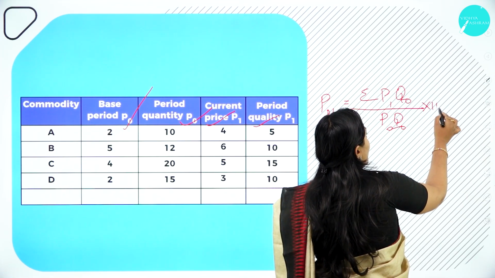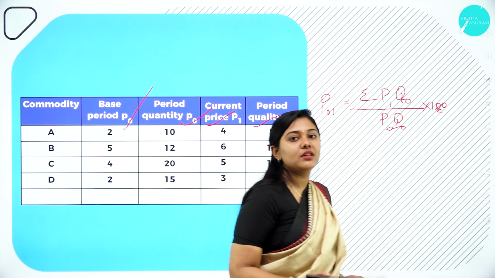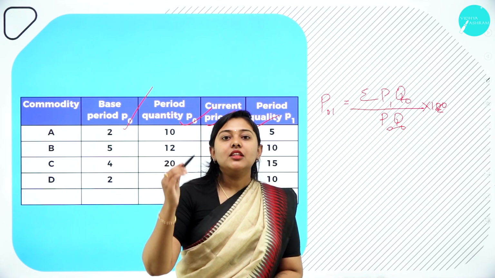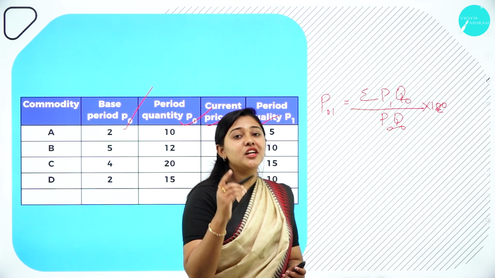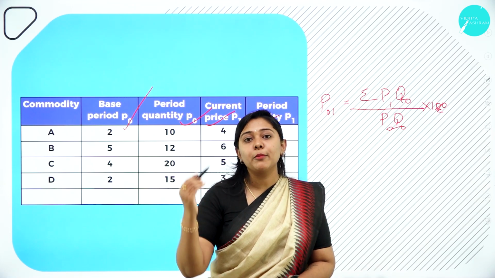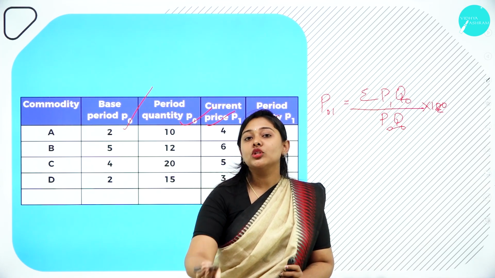This is multiplied by 100. Why are we taking 100? Because we are comparing with the base period. The standard mark that we have kept is 100, the standard percentage to compare the present year to the base year.